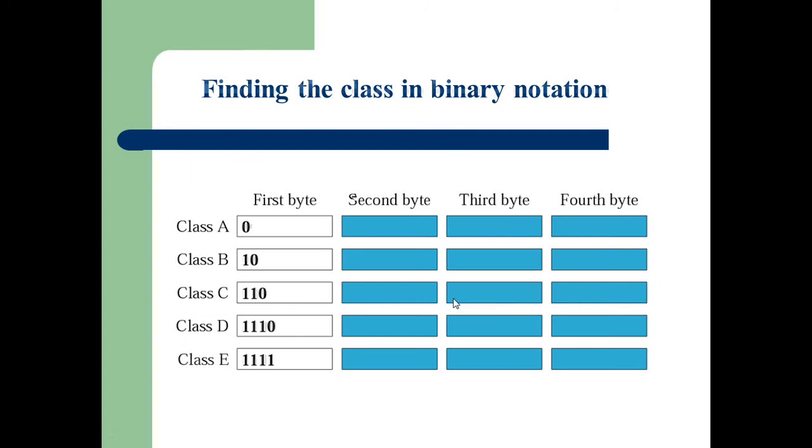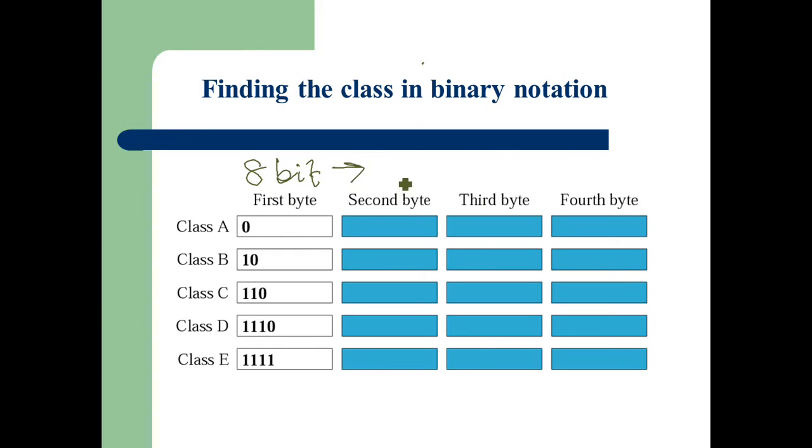So there is a different mechanism by which we classify this. For example, when we have this 4 byte number, or 4 block number, the first 8 bit will help me to identify which class it belongs to.